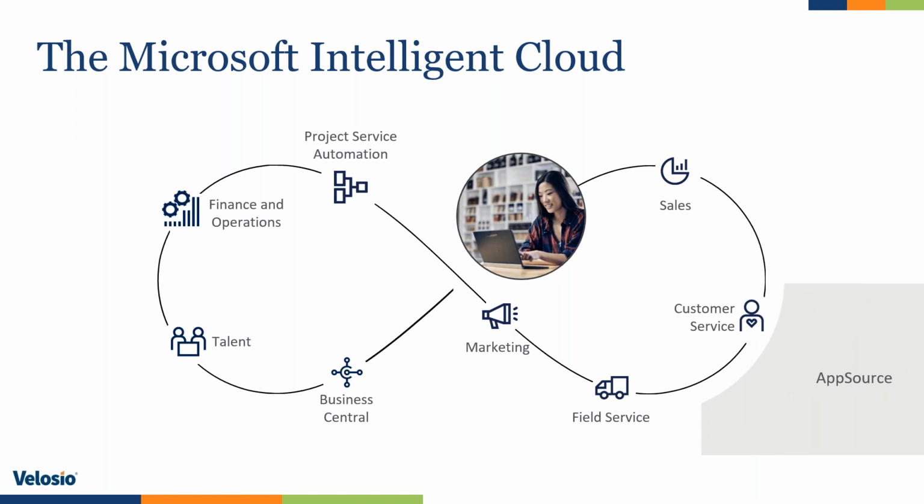So we have point solutions out on the Microsoft App Source. So a specific solution for an industry or a specific scenario, we can go out there and browse and find companies that have developed something specific for your industry or your scenario. It's then very easy to take something from that App Source and install it and plug it into the Dynamics 365 application that you may have.